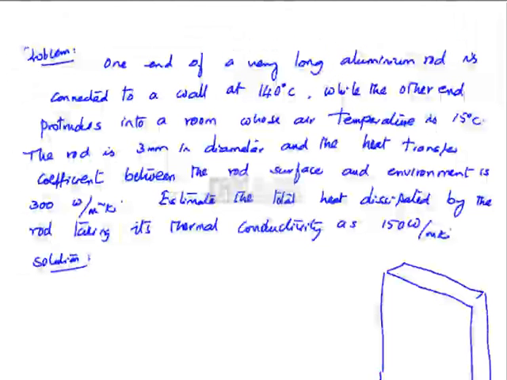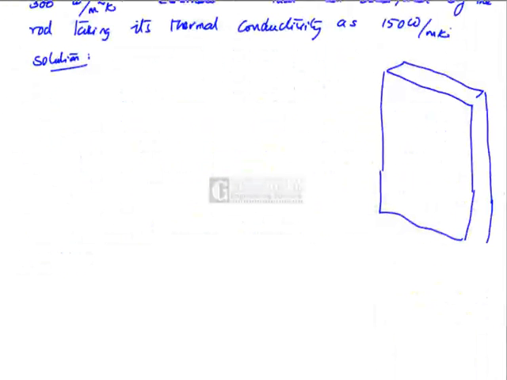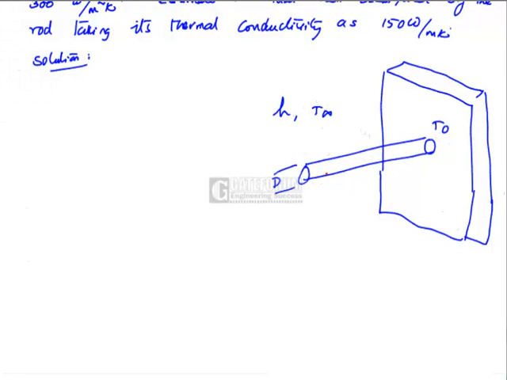This is the wall. A rod is protruding like this. This is the base temperature T0. H is the convection heat transfer coefficient from the fin to the surrounding fluid, and T infinity is the fluid temperature. D is the diameter of the rod, and L is the length of the fin. Please note that it is a pin fin.